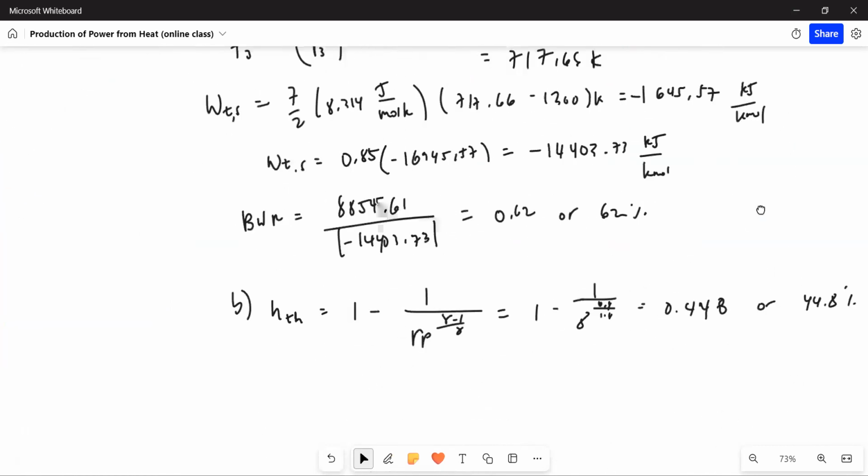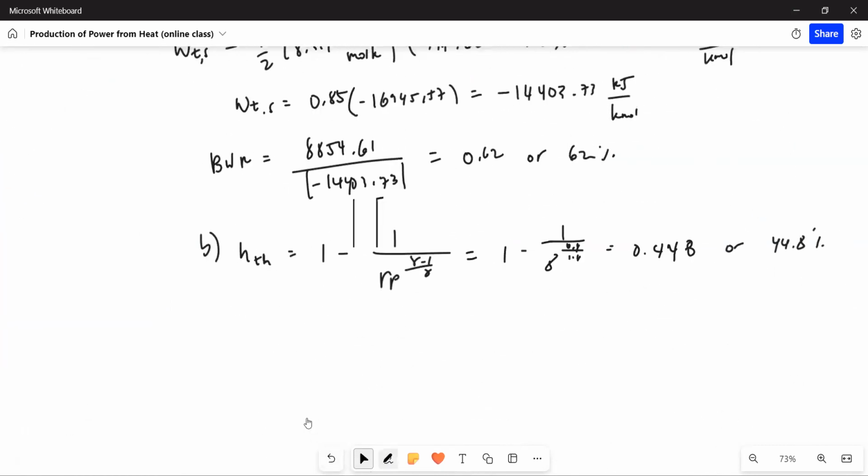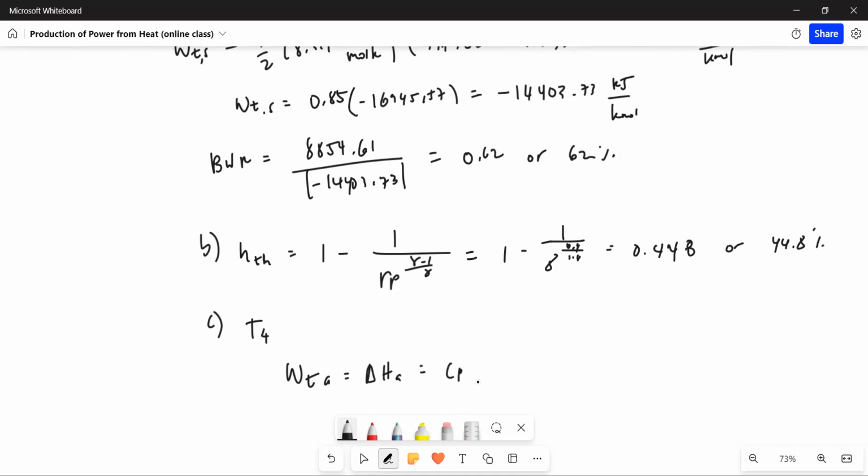Alright. Then lastly, letter C. What is T4? So we make use of the equation work turbine actual is equal to delta H actual. But this is simply Cp times T4 actual minus T3.